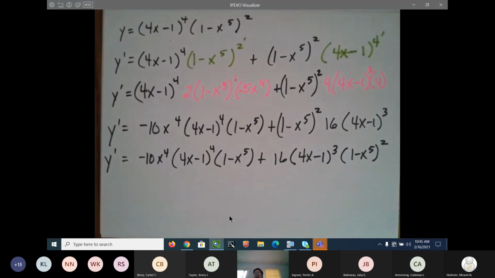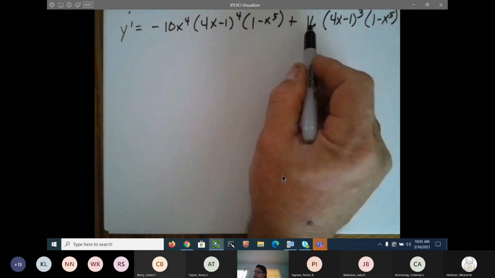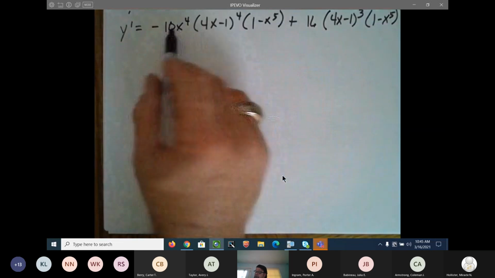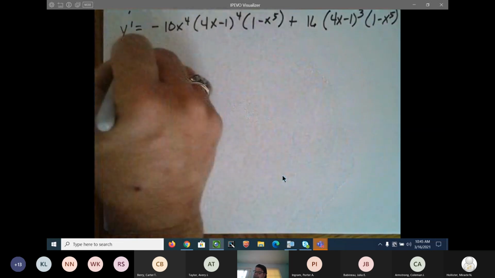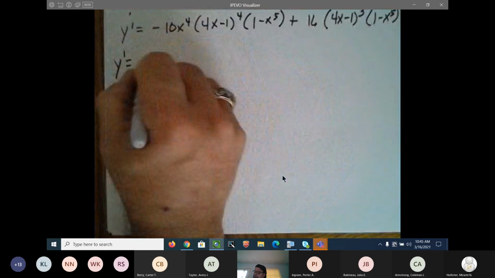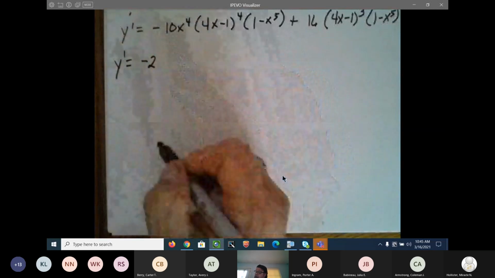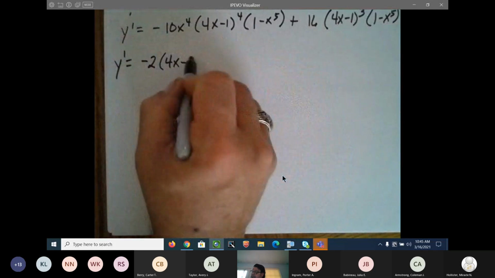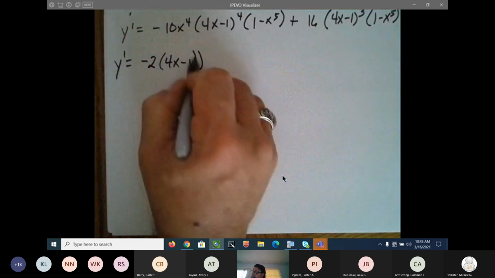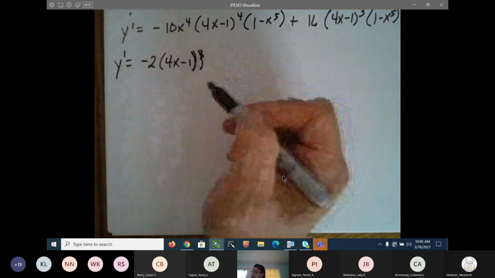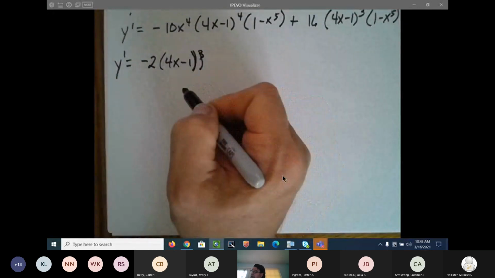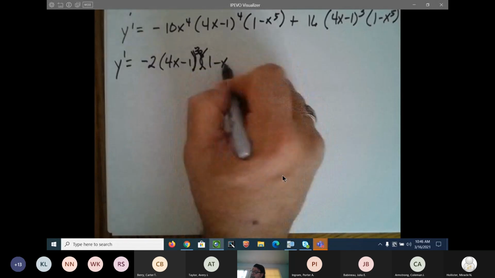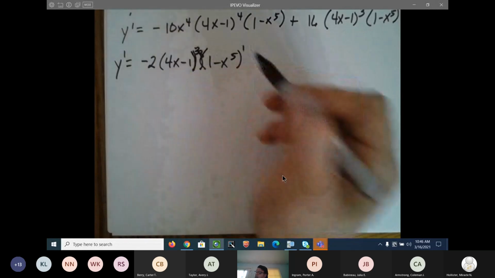Well, the only thing we can factor out with the 16 and the 10 is a negative 2. So y prime is equal to negative 2. And what can we factor out here? (4x minus 1) to the 3rd power and (1 minus x to the 5th) to the 1st power.